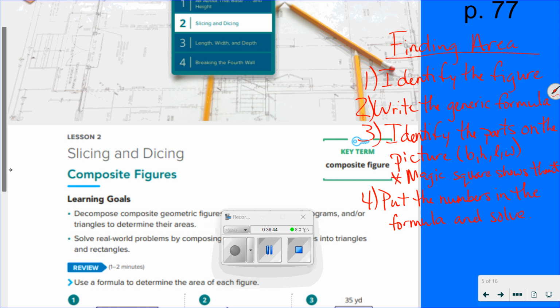Now literally all you got to do, take the numbers from the picture, put them in the formula where they go. And then you're going to do the math, solve it. Pay attention to order of operations, especially on your trapezoids, because you have to add the bases before you do anything else. That's why the parentheses are there, to force you to do that.